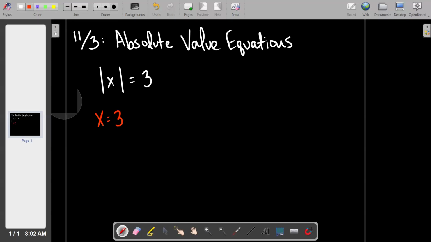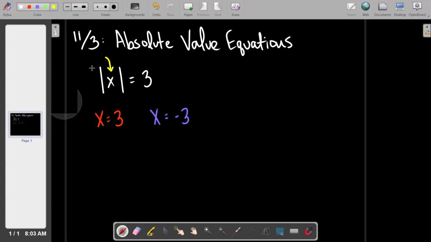The other possibility is that x could also equal -3. So you're going to see that these equations will more often than not have two solutions because whatever's inside the absolute value can take on two different things. We would agree that if we replace the x with a 3, this would be a true statement. And if we replaced it with a -3, this would also be a true statement, right?